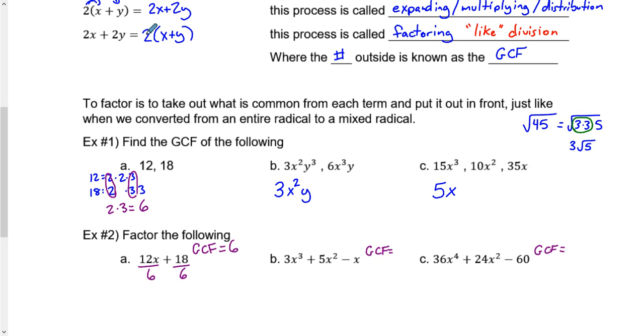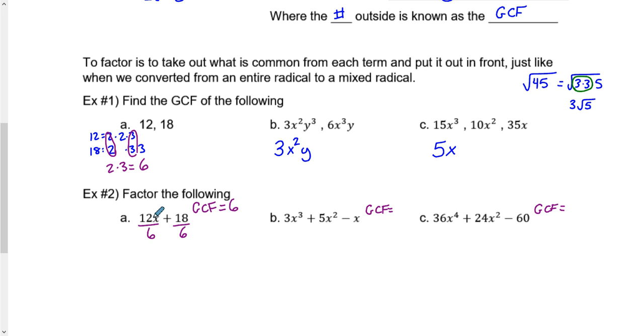Notice how when I factor, a 2 is common in each of them, but that 2 just comes out in front. So if I have my 12x divided by 6, I take my 6 out in front, and I take 12x divided by 6. Well, that's going to be a 2x. 18 divided by 6 is 3.